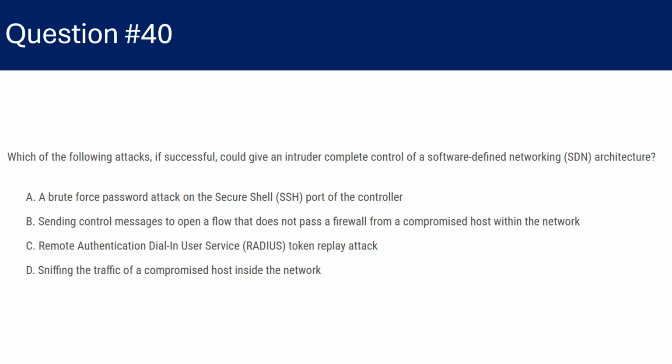B, sending control messages to open a flow that does not pass a firewall from a compromised host within the network. C, remote authentication dial-in user service or RADIUS token replay attack. Or D, sniffing the traffic of a compromised host inside the network.